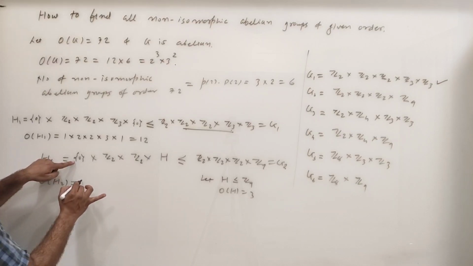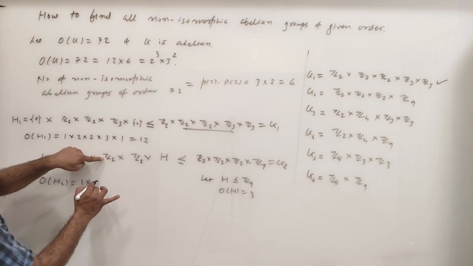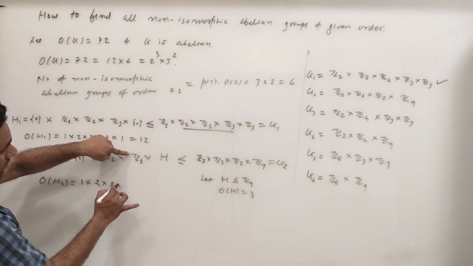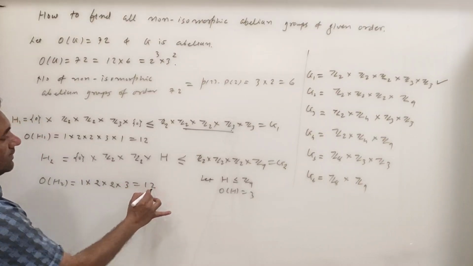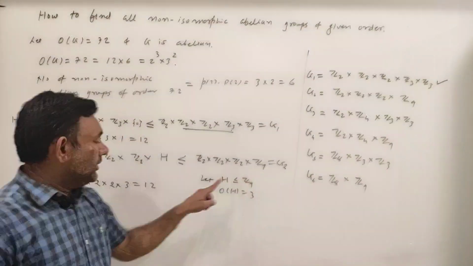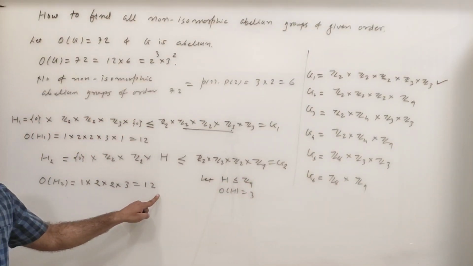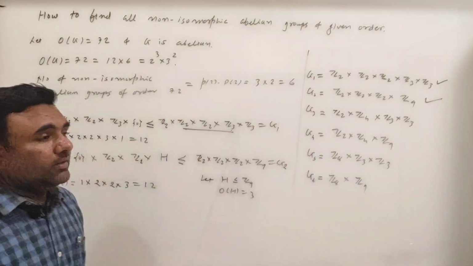Order of H2 is order of this singleton 0, that is 1, into order of Z2 is 2, order of Z2 is 2, and order of H is 3. So it is 12. तो मतलब H2 is a subgroup of G2 and its order is 12, तो मतलब G2 के पास भी 12 ऑर्डर का सब ग्रुप है.